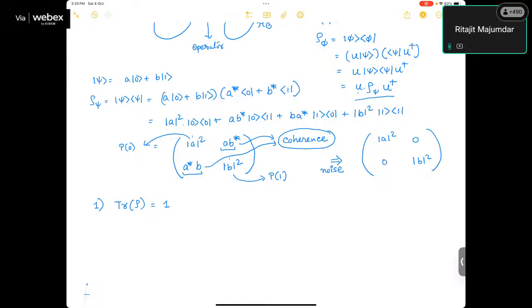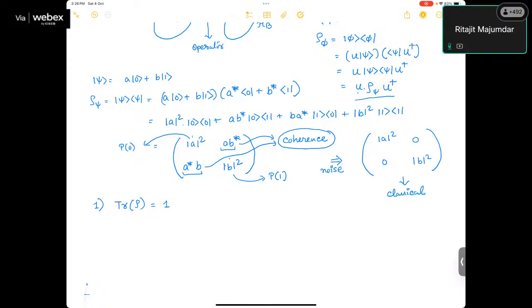And this we just discussed is a classical scenario where I can just do a coin toss with probability A square and B square. So this is classical. As the system interacts with the environment, it becomes classical, by losing these off-diagonal terms, which are called coherence. And this process of losing the coherence is called decoherence.